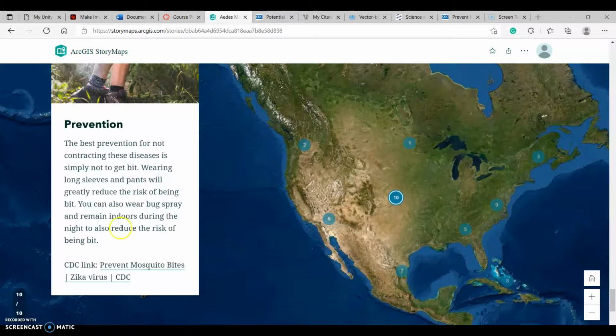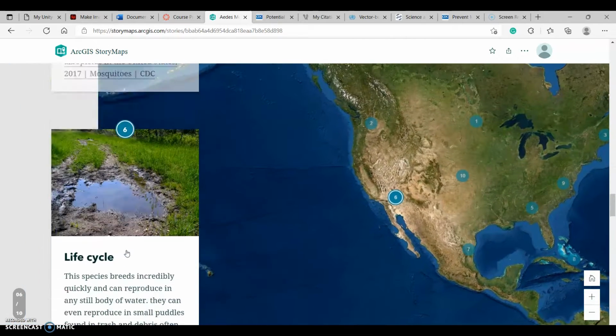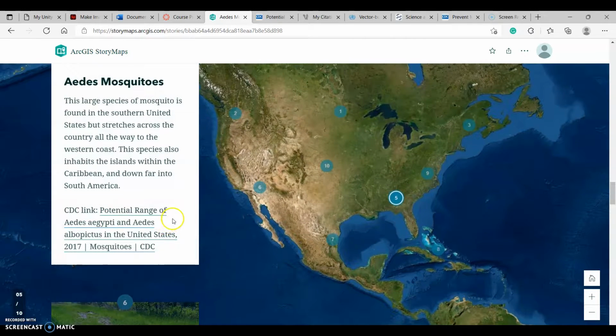And then along with this presentation, I added some links to different government organizations and really good websites that help describe in greater detail how to prevent mosquito bites, for example, in this slide, with the CDC link. And then if you scroll up here, you can find links to the CDC for specifically the Aedes mosquito, along with another type of mosquito in the United States.